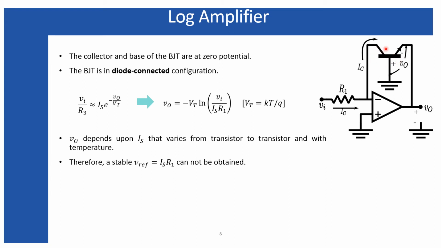For a diode-connected configuration, the collector current follows this expression: IC equals IS times e to the power of minus V0 divided by VT.